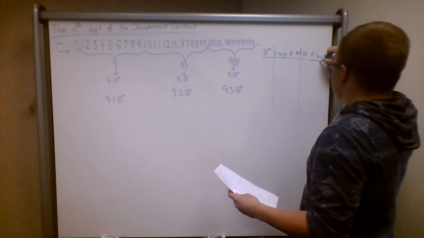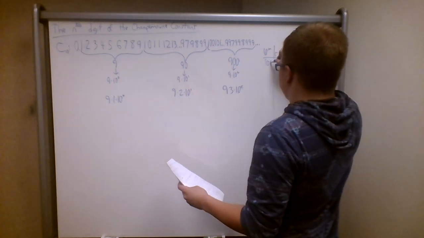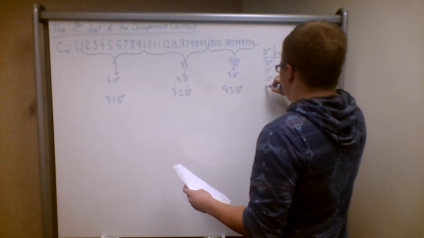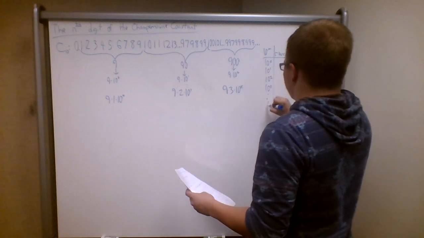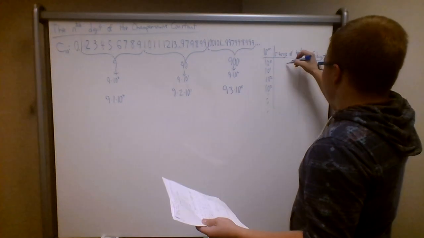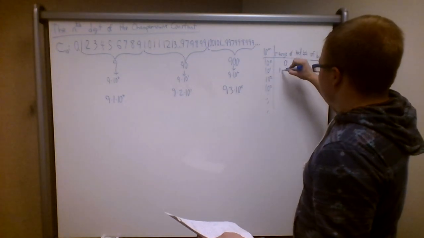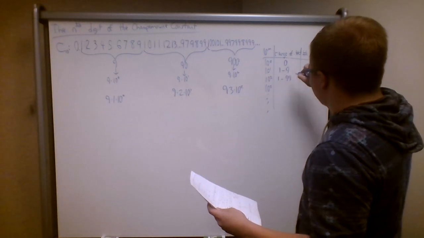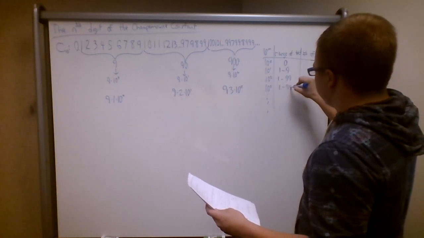Now, how are we going to calculate those? We're going to calculate ones up to 10 to the 0, up to 10 to the first, up to 10 squared, up to 10 cubed, and so on. We know the range of this is 0. This one is 1 to 9. This one here is 1 to 99. And this one here is 1 to 999.